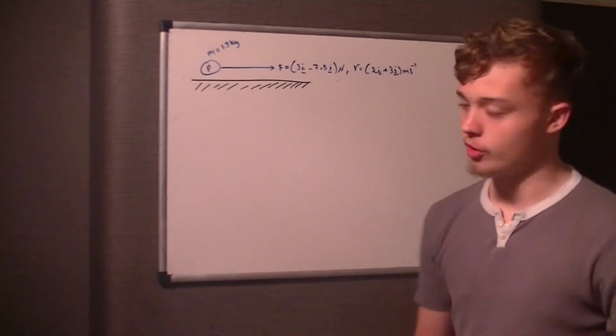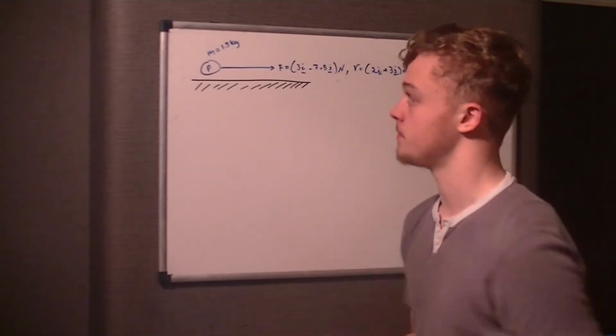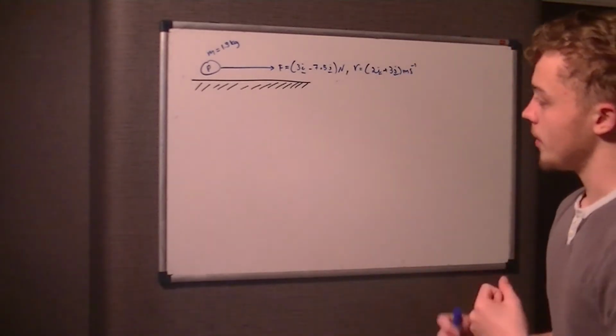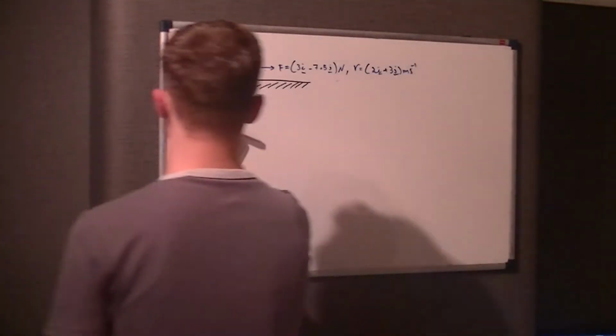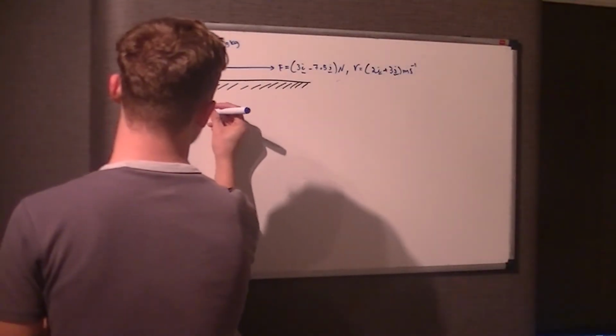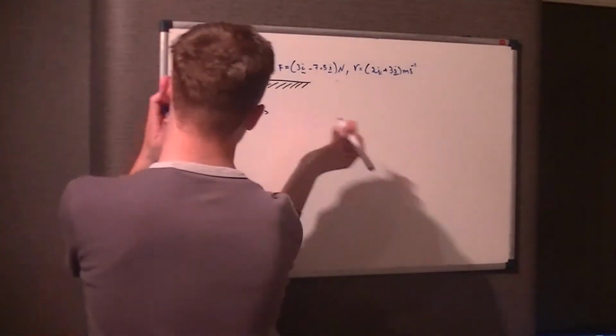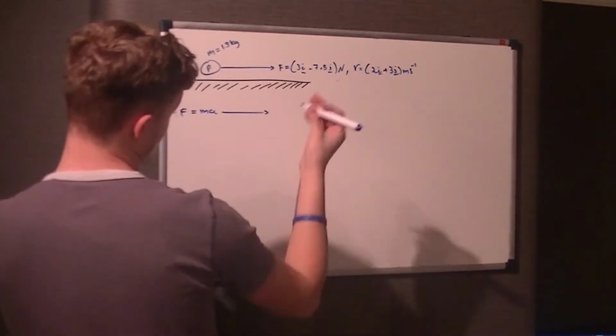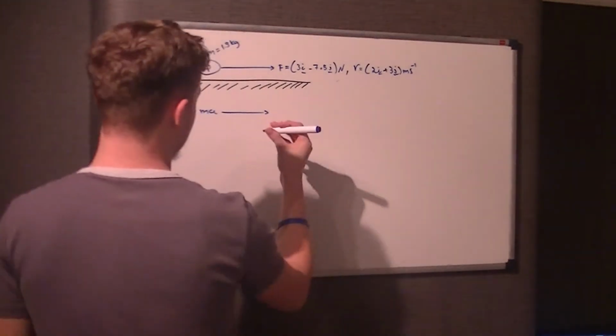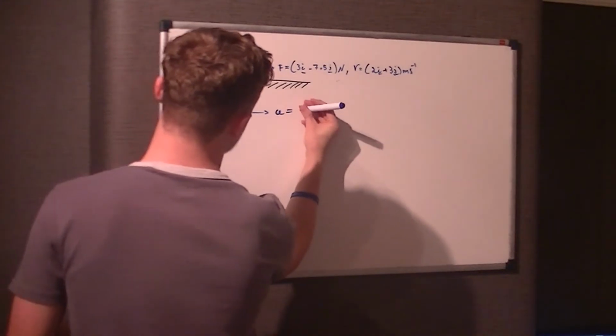Now remember that's the resultant force, but for this I'm not really interested. So we've got force equals mass times acceleration. We've got force and we've got mass, but we need acceleration. So we just rearrange it. I wouldn't put any numbers in yet, I just rearrange it. So a equals F over m.